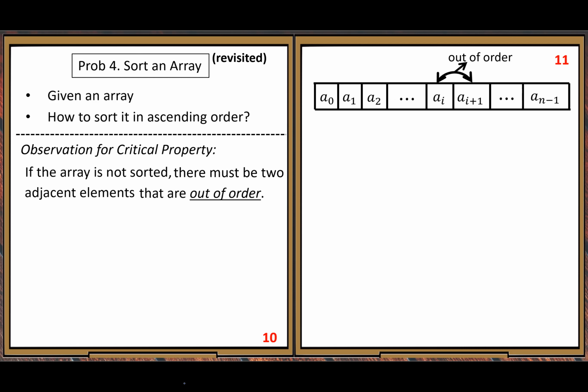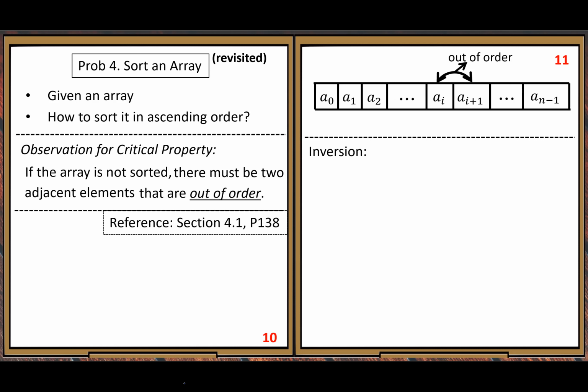Because they are out of order, we want to fix it and make them in order. We just do a swap operation, then we fix it. That's the basic step of our solution. Here I give you the reference in the textbook, section 4.1.